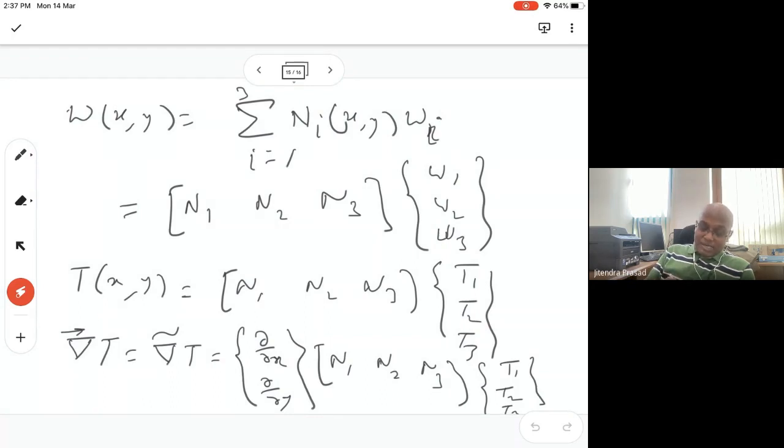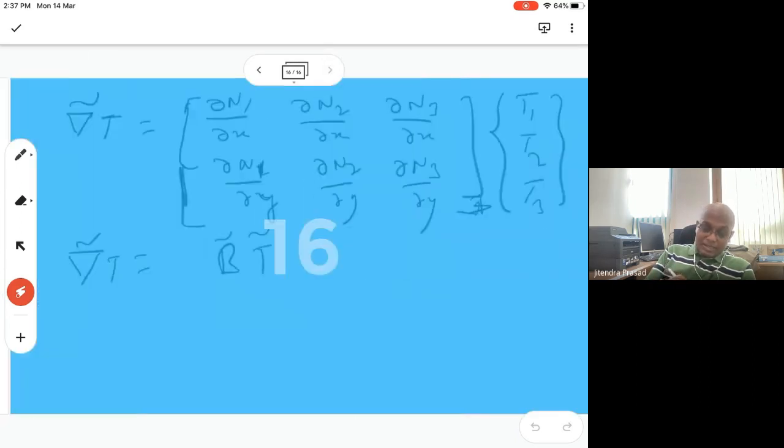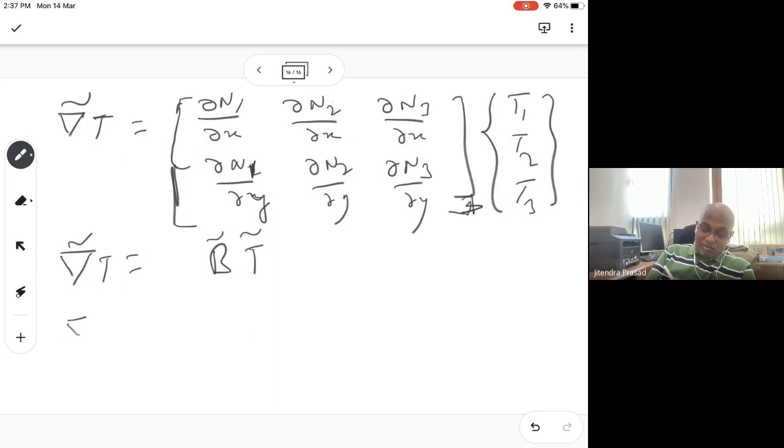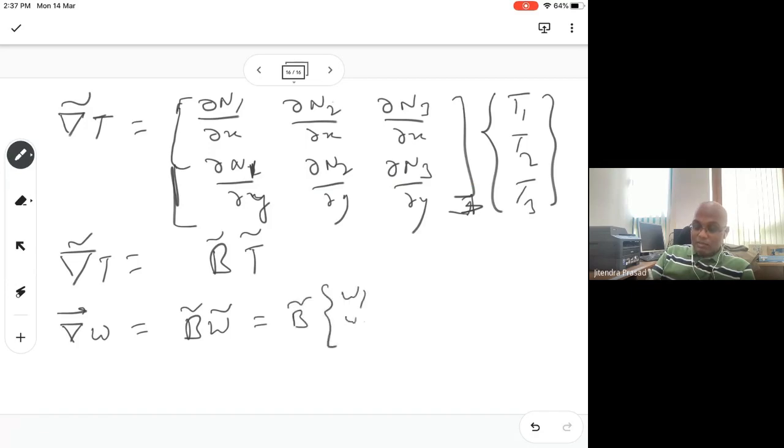So the gradient of T we write like this. Similarly, the gradient of W also we have to calculate, right? And finally this will turn out as B, and this is W, where W is equal to W1, W2, W3. It goes like that.